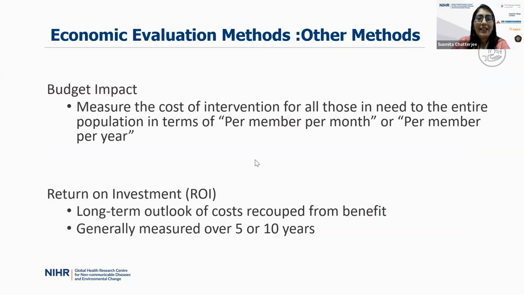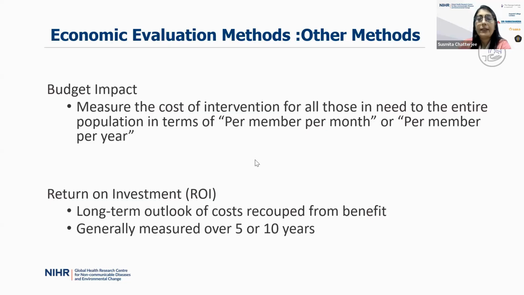Now, there are other ways of doing economic evaluation, which are budget impact and return on investment. These are slightly different ways of doing it. Budget impact analysis mainly focuses on the budget impact on the government. Suppose I did COVID-19 vaccination.